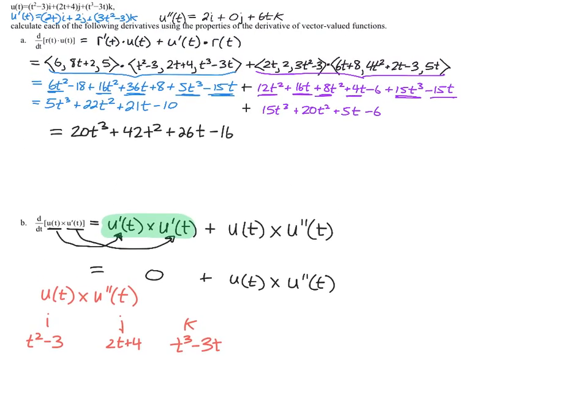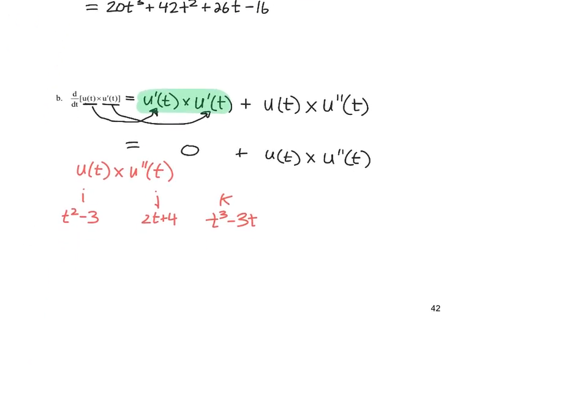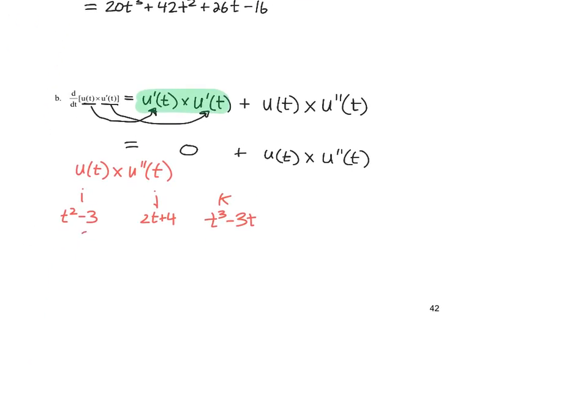And then I still need to look up there: 2, 0, and 6t. All right, so this is what I'm finding the cross of. So something i, something j, something k. So I'll write it below: minus something j plus something k.